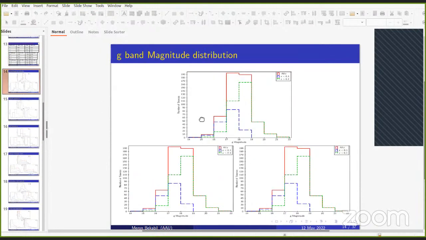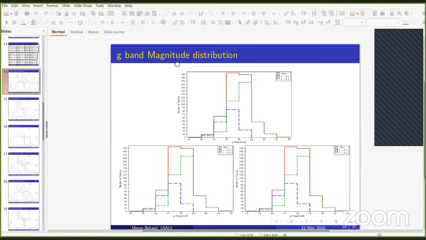The next one, what I did was check the Gband distribution. Again, the stellar mass distribution was taken from the SDSS MJP catalog, so I didn't directly calculate it. We just used it from the SDSS DR8.